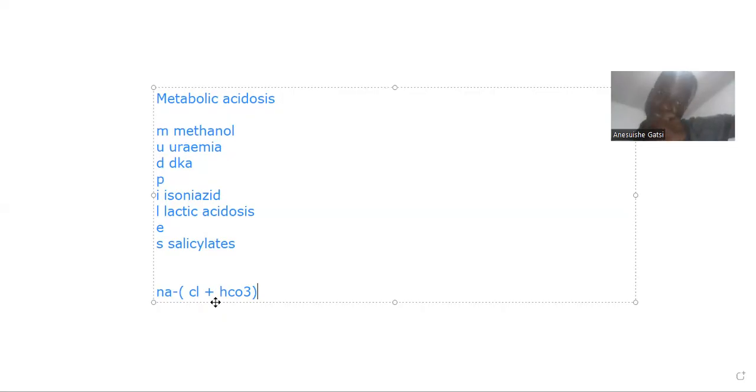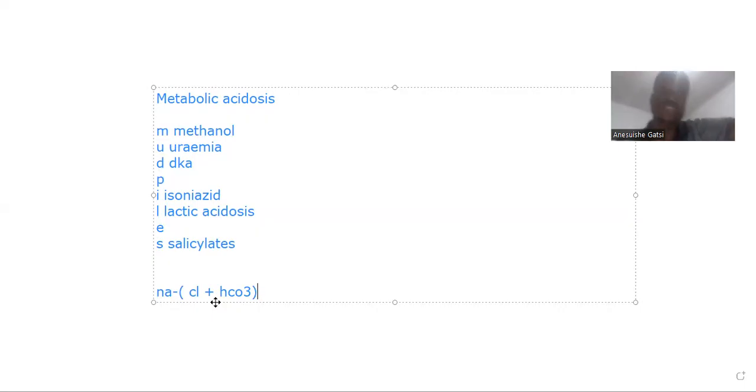But imagine situations where even though the bicarbonate is going down, the chloride starts to go up. That is going to cause a metabolic acidosis with a normal anion gap.